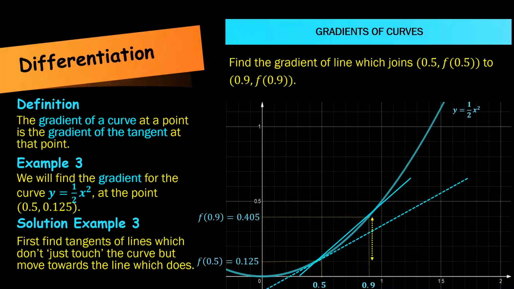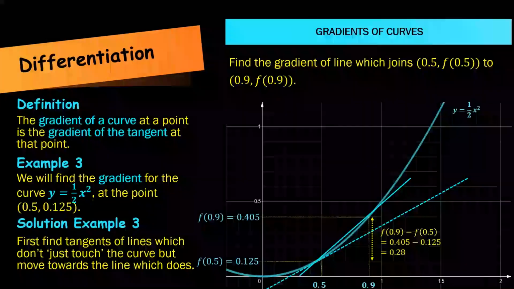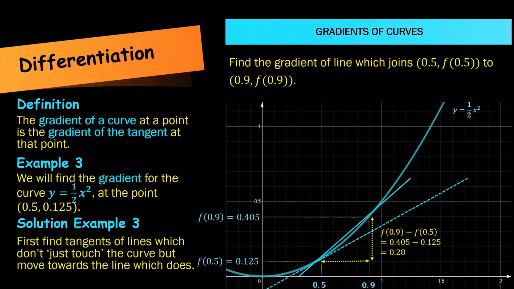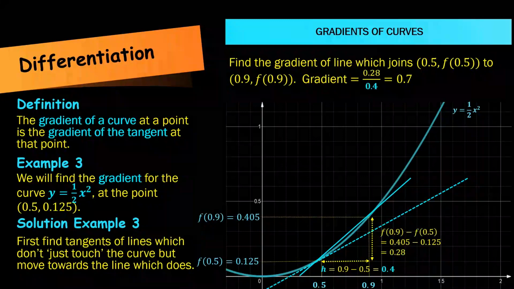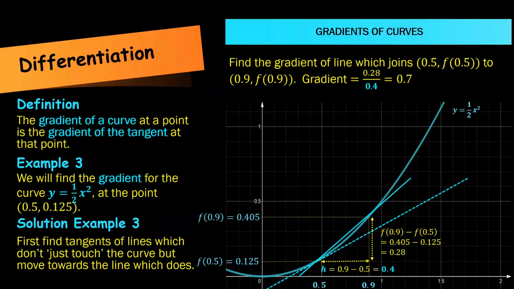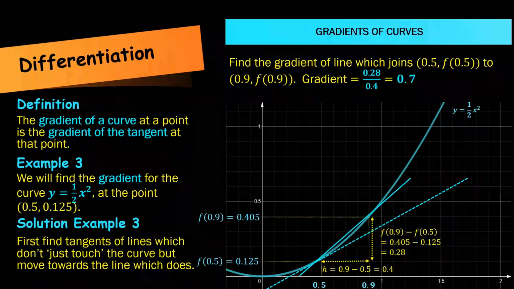The gradient of this line is change in y, as highlighted, over change in x. So the gradient equals 0.28 divided by 0.4, which is equal to 0.7.